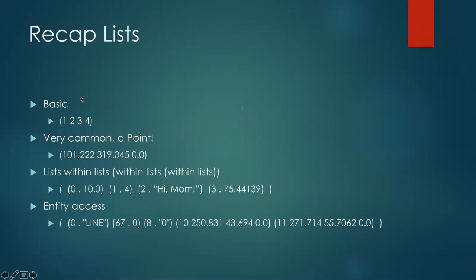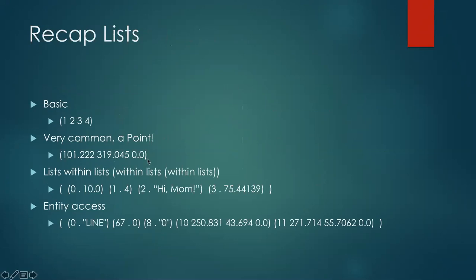So lists, as I mentioned, is just a collection of data types. In this case, this is a list of 4 integers. This is a list of 3 real numbers. So even though that is how you assemble a point, how you access a point, how you create one and send one to AutoCAD, it is just a list of 3 real numbers.